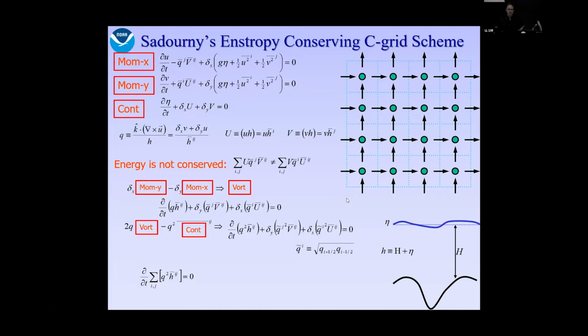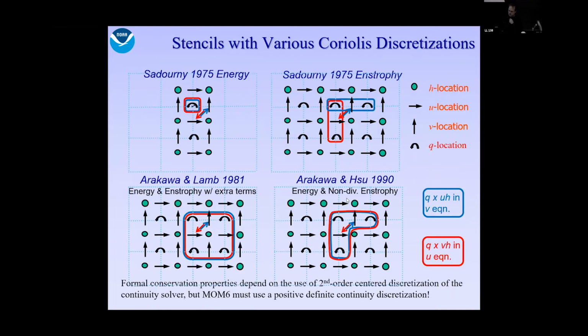You don't have large-scale coherent structures emerge. Obviously, we would like to emulate the properties of the atmosphere and the ocean, and so the conservation of these two properties is something that's worth considering. Now, there are a variety of different discretizations of these Coriolis terms that have been published in the literature, and I'm illustrating them here schematically.